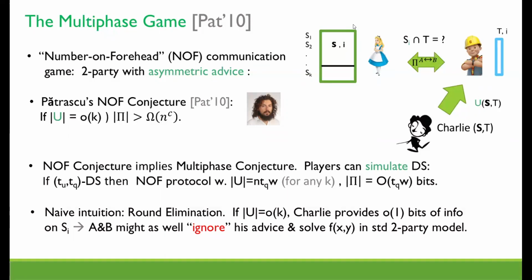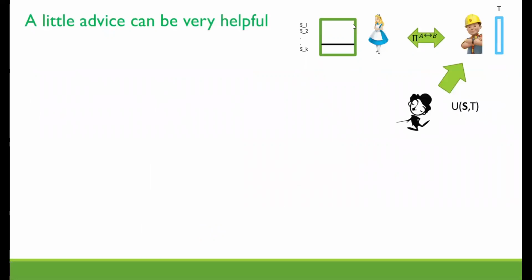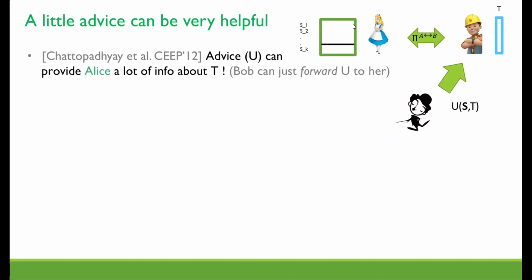So since it is small, Alice and Bob might as well ignore his advice and solve f of x, y in the standard two-party model. But it turns out that this intuition is misleading, as previous work by Chattopadhyay shows that advice can provide Alice a lot of information about T.